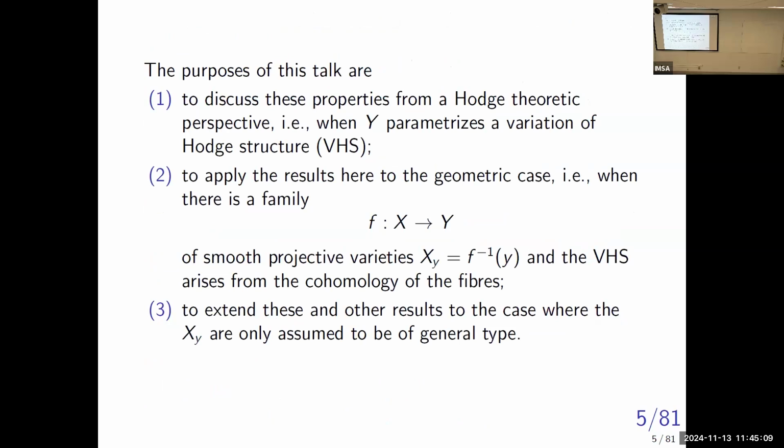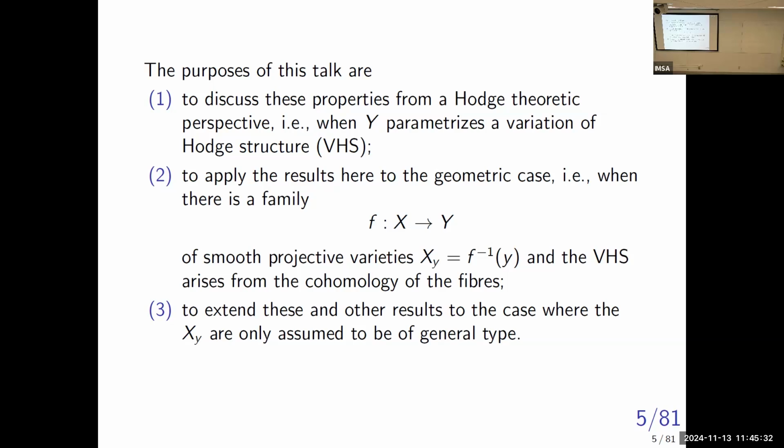So the purposes of the talk today and the one tomorrow will be to discuss these properties when Y parameterizes a family of Hodge structures. Okay. So very special circumstances arise when you have that situation.